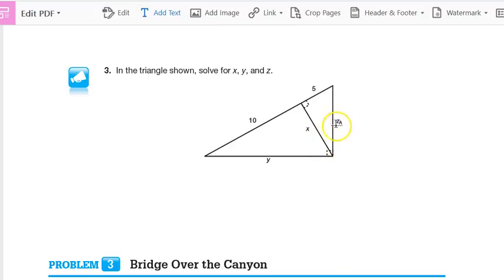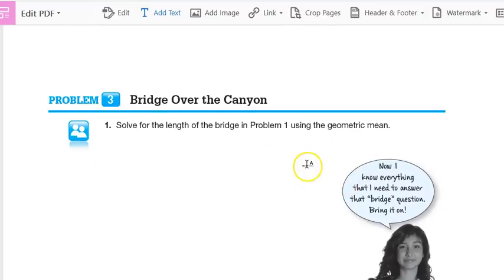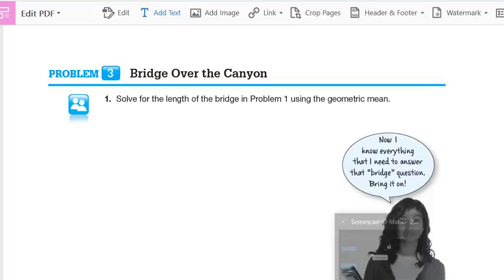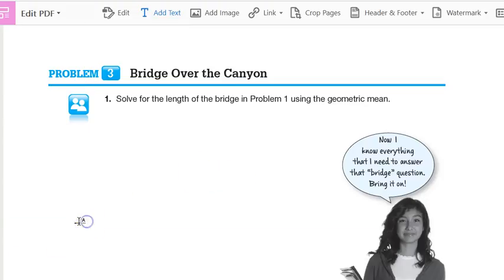Or the other way around, z over x is equal to x over 5. Once you know x, then you'll know z, and then if you want, you can just use the regular old Pythagorean theorem with z, 15, and y to solve for y. That can be done then. And then you're going to go back and solve the geometric mean using the technique that we've talked about. Okay?